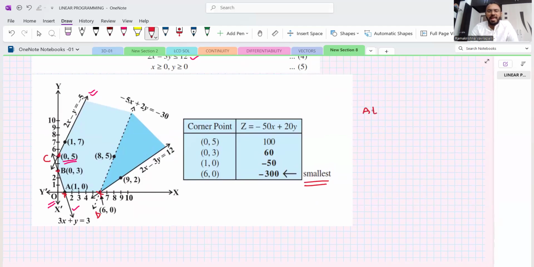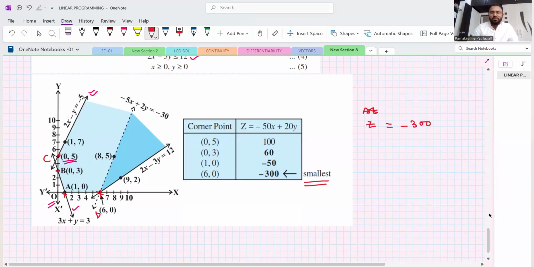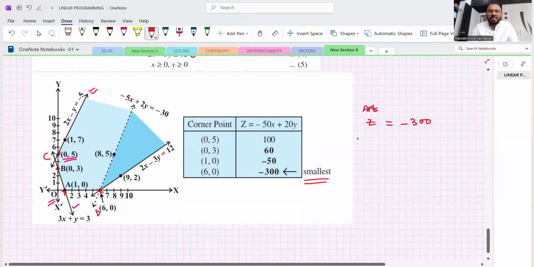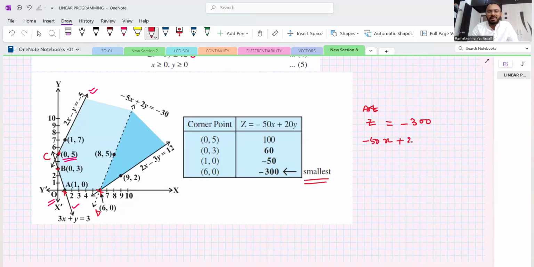At x equal to 6 and y equal to 0, you got minus 300, so z is equal to minus 300. The z function is minus 50x plus 20y equal to minus 300. You will get minus 5x plus 2y equal to minus 30.